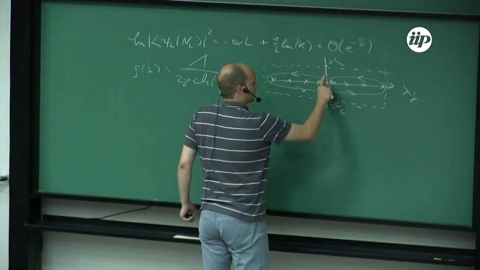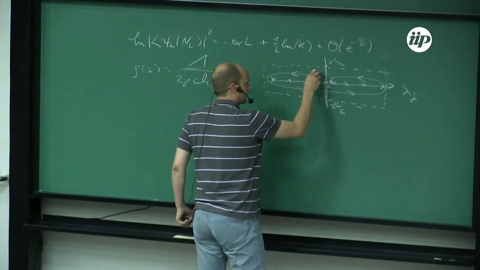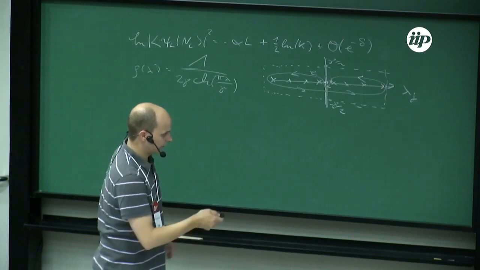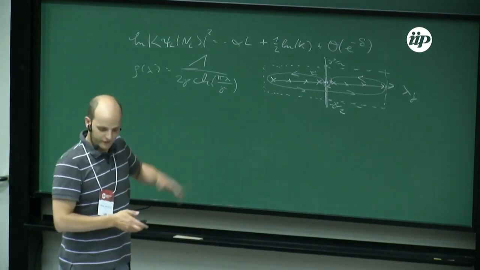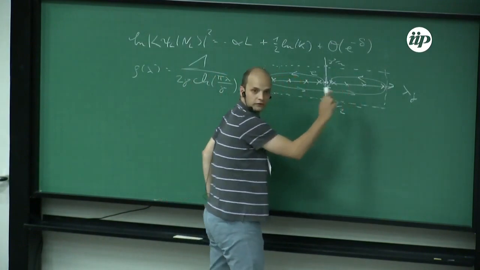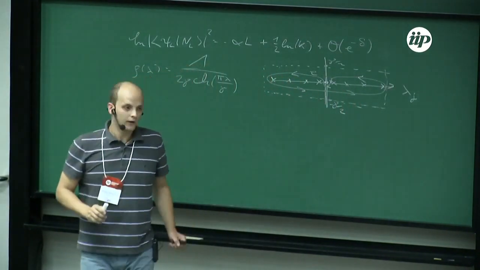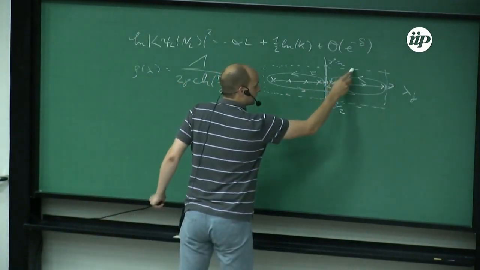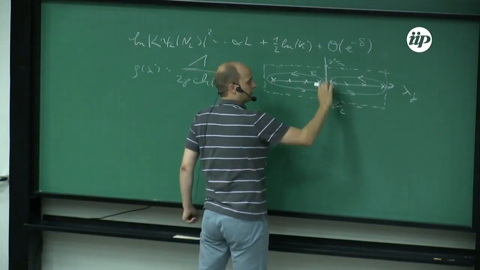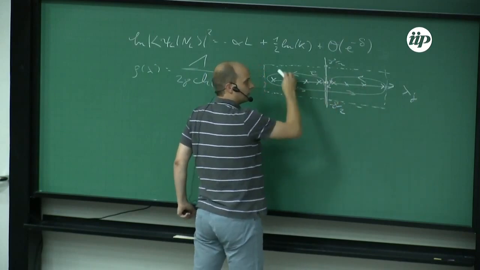So first, this is the contour C. And now we would like to use the functions b and b bar, which are defined on these horizontal lines for real arguments, which we know to arbitrary precision. That is why we have to deform the contour.